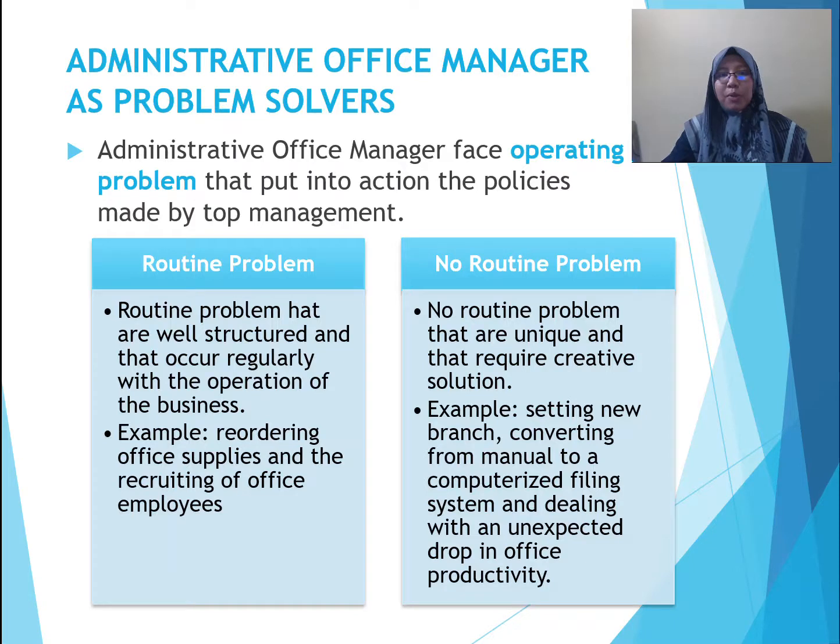So what is a routine problem? Routine problems are well structured and occur regularly with the operation of the business. For example, reordering office supplies and the recruiting of office employees. Okay, this is an example of the routine problem.